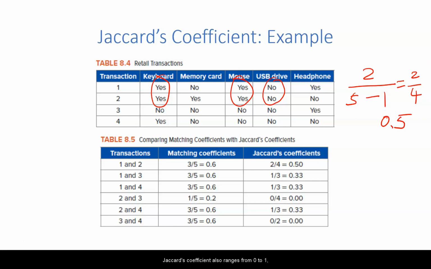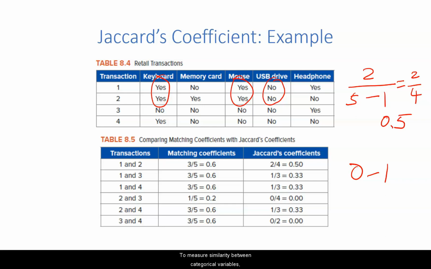Jaccard's coefficient also ranges from 0 to 1, with 0 being completely dissimilar and 1 being completely similar. So this is an overview of the important topic of similarity measures. To summarize, to measure similarity between numeric variables, we can use the Euclidean distance or Manhattan distance.